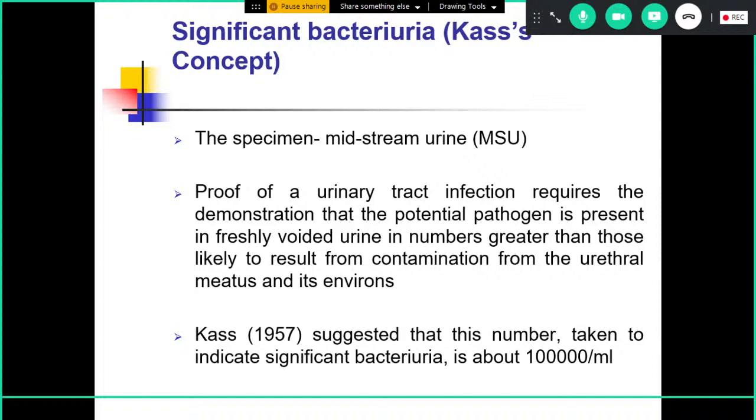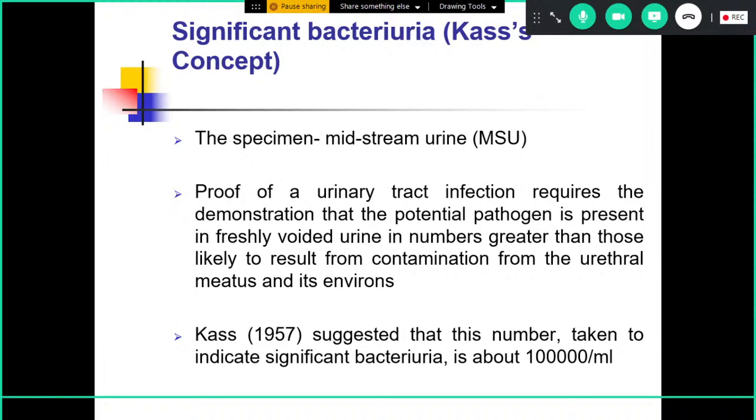But remember that in a hospital setting, you cannot take it as a hard and fast rule that if 10 power 5 are not present, then it is insignificant, because the majority of patients are on antibiotics. So if the patient is on antibiotics, we do not expect those numbers.